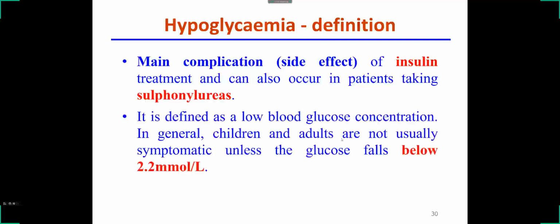You can then very quickly get hypoglycemia. Hypoglycemia is defined as a low blood glucose concentration. In general, children and adults are not usually symptomatic unless glucose falls below 2.2 millimoles per liter.